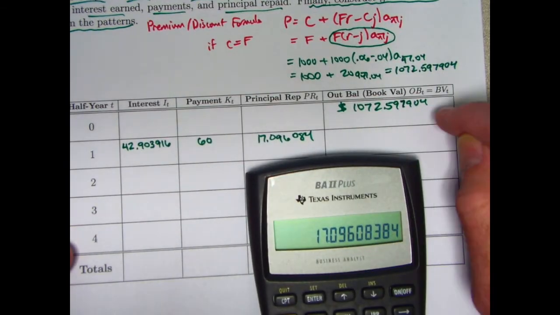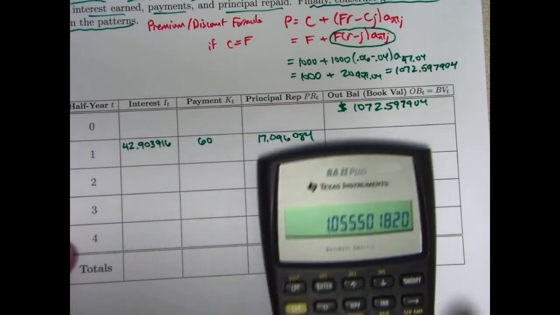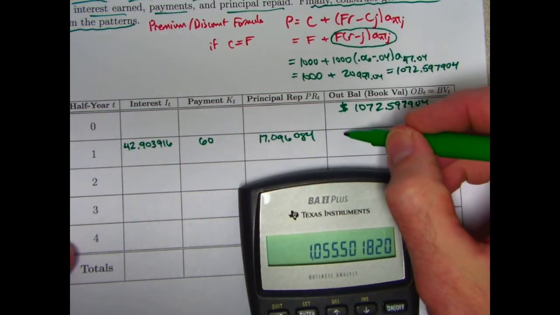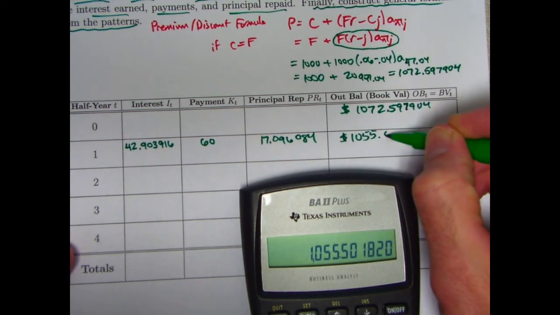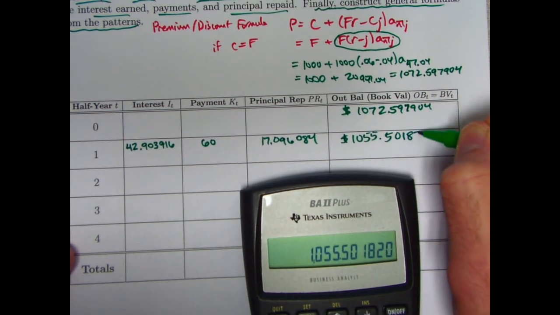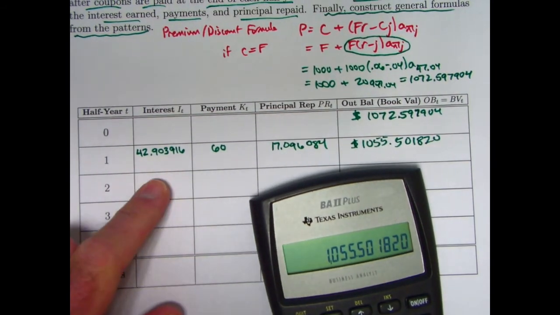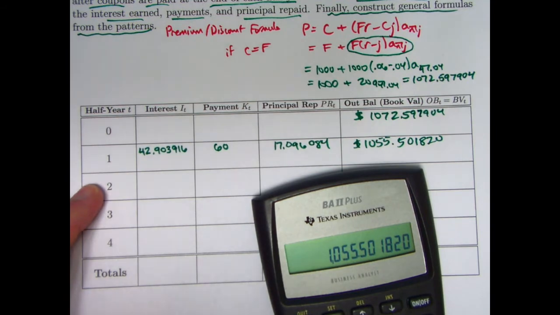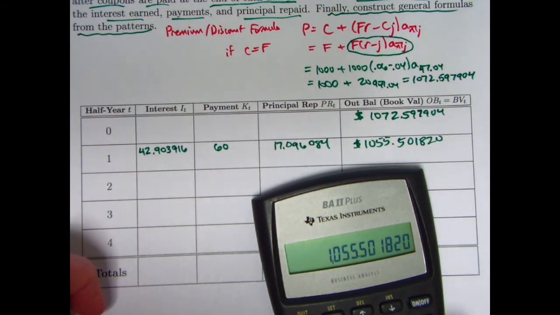So now subtract this from the 1,072. And again, I'll carry all the decimal places. The book value is now down to $1,055.50. Carry those decimal places and we continue. The interest they're going to owe at the end of the second half year is going to be 4% of that amount. It's going to be a little bit less.